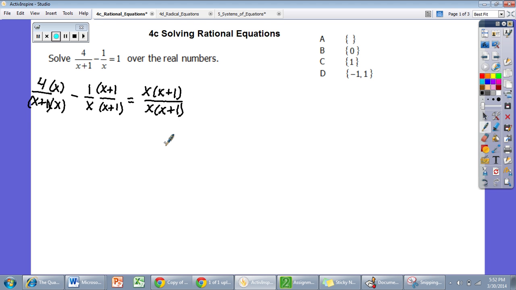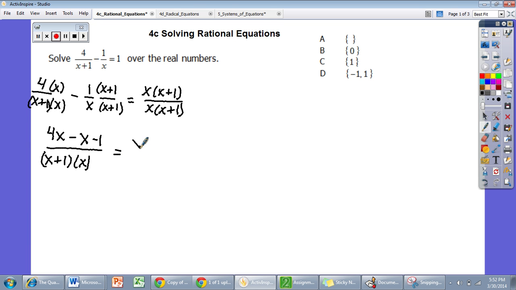So I have 4x on this side, minus 1 times x, which gives me x, minus 1 times 1 is minus 1, all over my like denominator of x plus 1 times x. Or you could put the x first, it really doesn't matter.